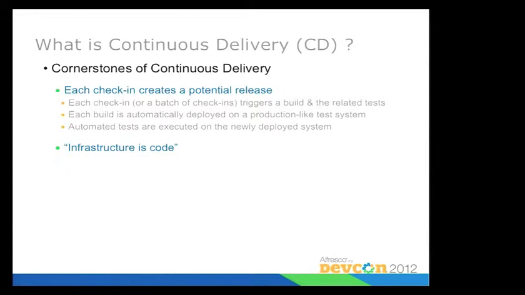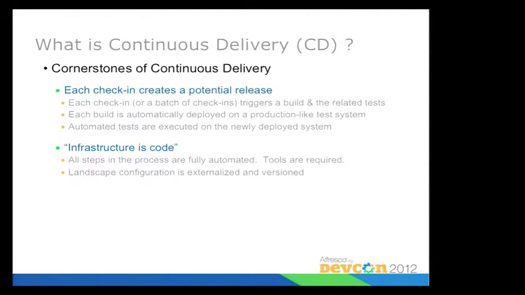What continuous delivery tries to do is to treat infrastructure as you would treat code, which means that everything is fully automated, everything is scripted, and your landscape configurations and the way you deploy things, this is all treated as code. So there's no manual intervention anymore. You automate all of this. Tools are needed to do this. We'll come to that later.